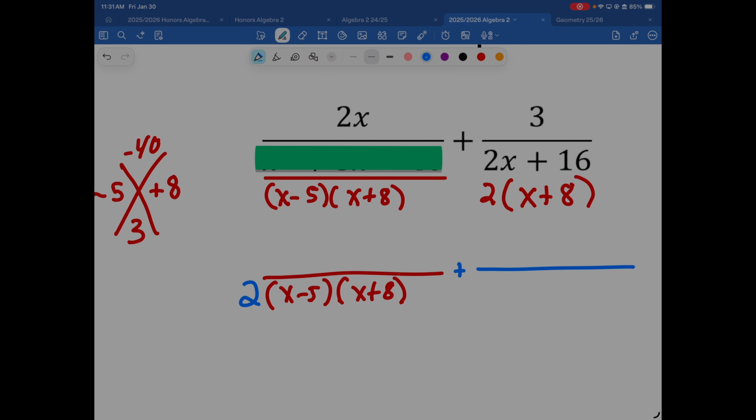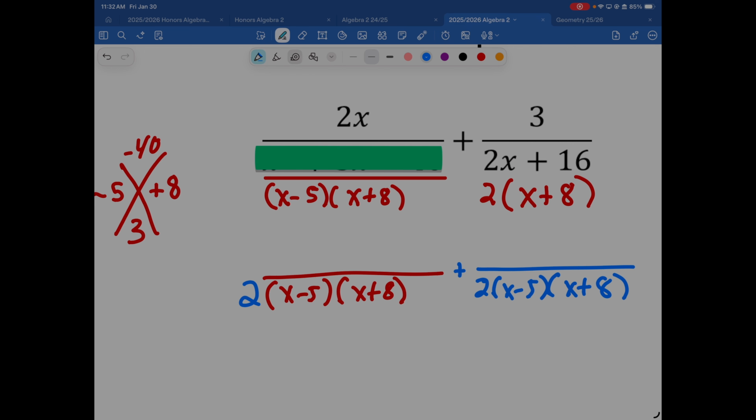And then I've got another x plus 8. So do I have to put that x plus 8 again? Nope. So my least common denominator, or my common denominator, is 2 times x minus 5 and x plus 8.